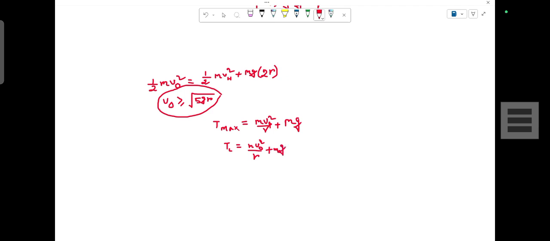So we know that V naught is equal to root over 5gr. You can put it here.